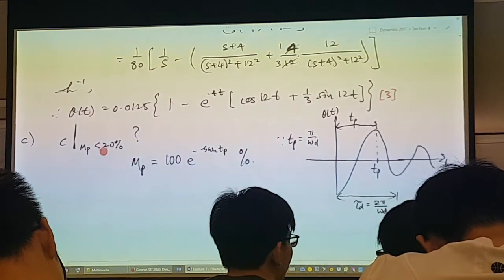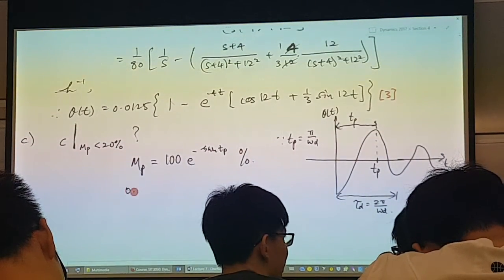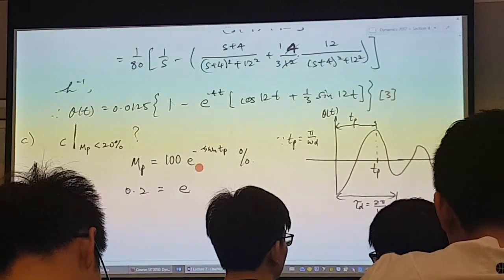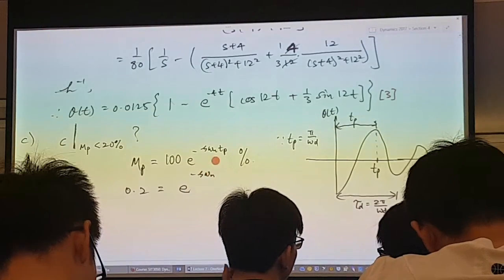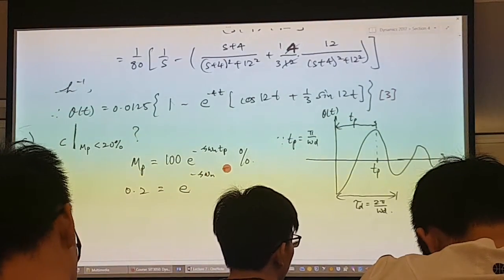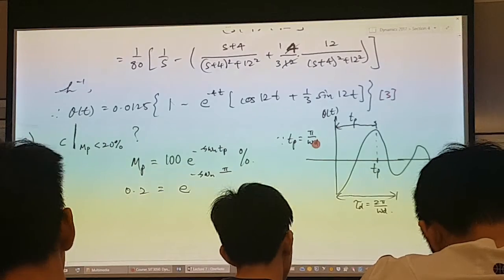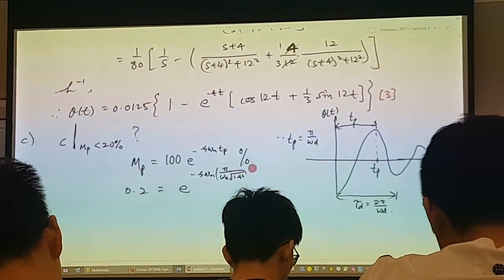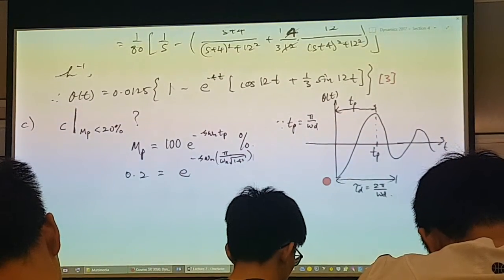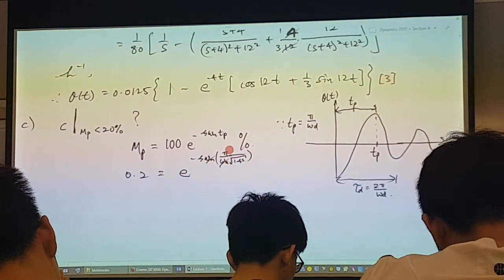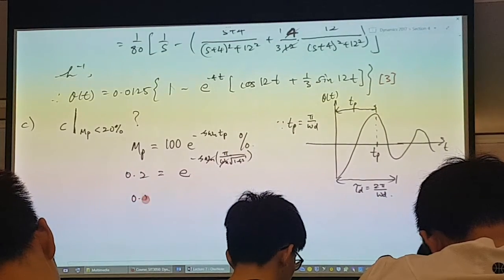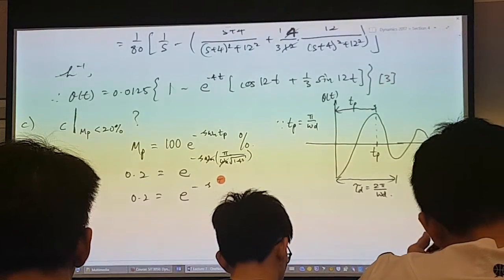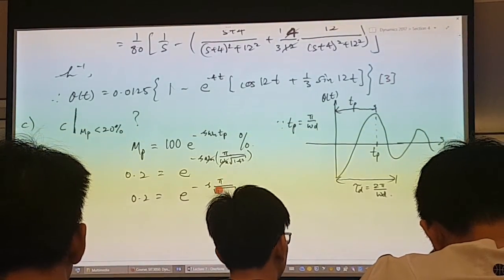So at 20% or less, that is 0.2, will be equal to e to the power minus zeta omega n, and this TP over there will be pi over omega d. And omega d is omega n square root 1 minus zeta squared. Okay? So this omega n will cancel off. So 0.2 equals e to the power minus zeta pi over square root 1 minus zeta squared.